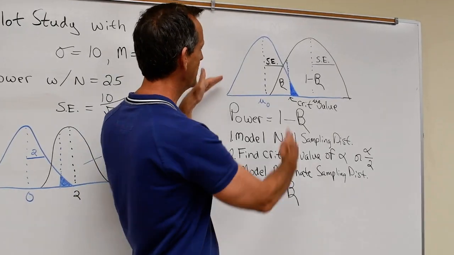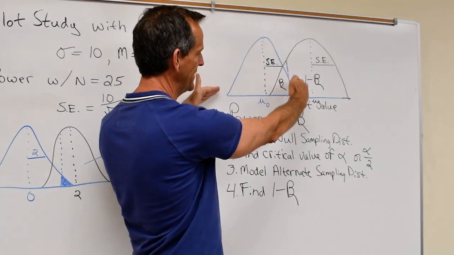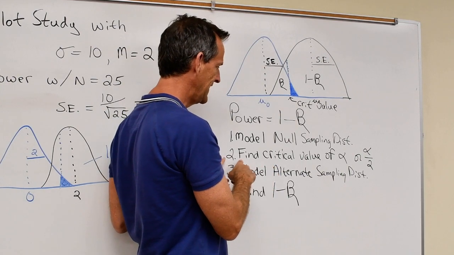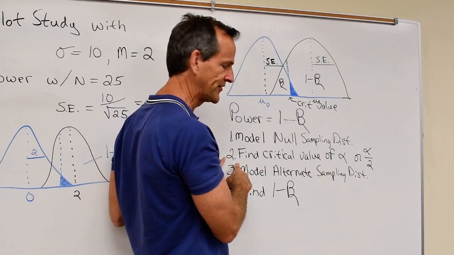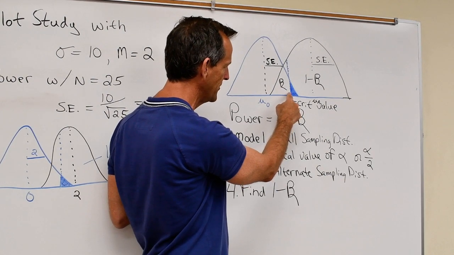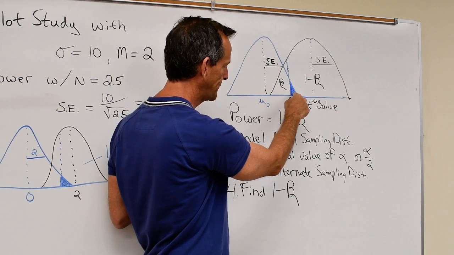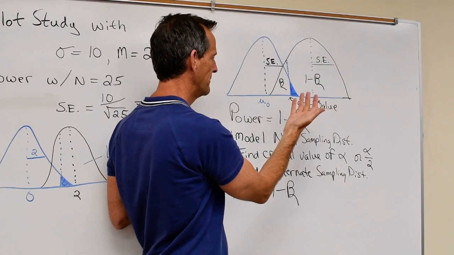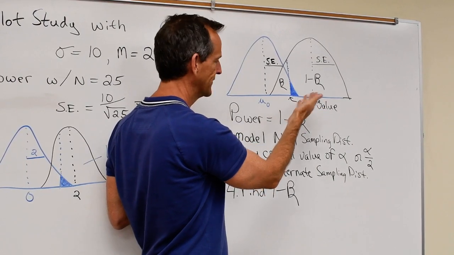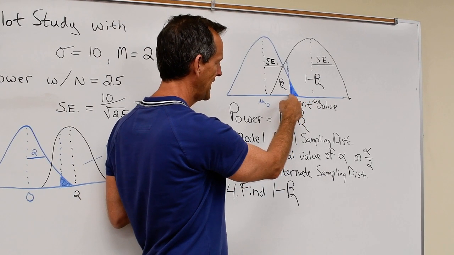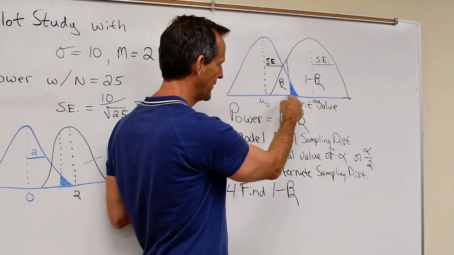The first step is you model the null hypothesis, and then using an inverse normal distribution calculator, we can find the value there that corresponds to alpha. I'll show you how to do this in just a minute on the computer.